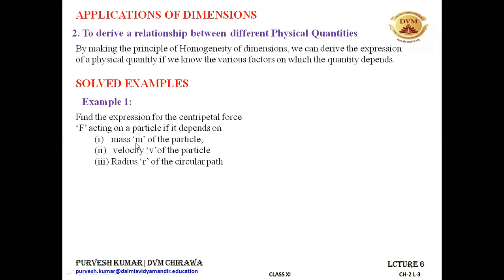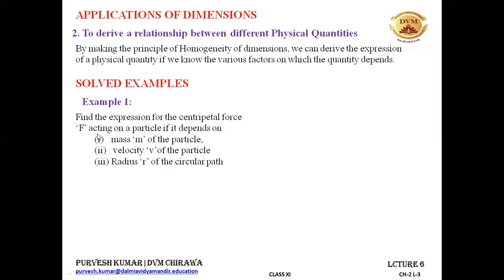We don't know whether it is directly proportional or inversely proportional, or proportional to the square of m, or the cube of m, or the square root of m, or inverse square root. We only know that it depends on m. So how it depends, we have to find by using the dimensions. Are you getting me?